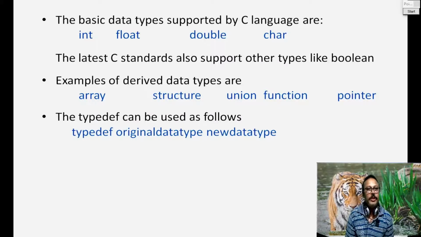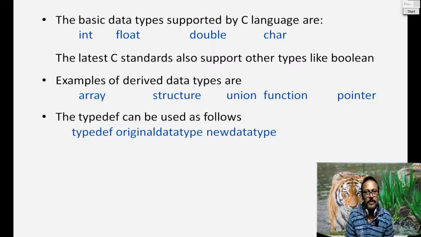Integer is actually represented using int only. So int stands for integer, whereas float and double stand for real numbers, and char for characters like A, B, C, D, etc. The latest C standards may support other data types also. For example, Boolean is also supported in the latest version.